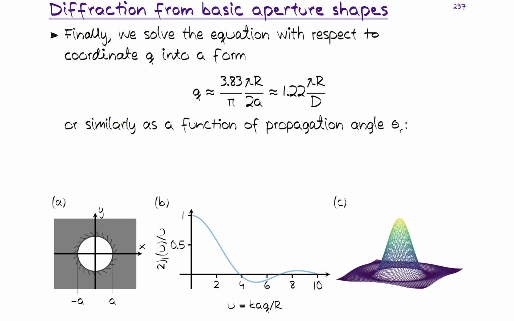And similarly, with respect to the propagation angle or diffraction angle, the sine of theta is basically defined as q over R. This is approximately 1.22 times lambda divided by d.